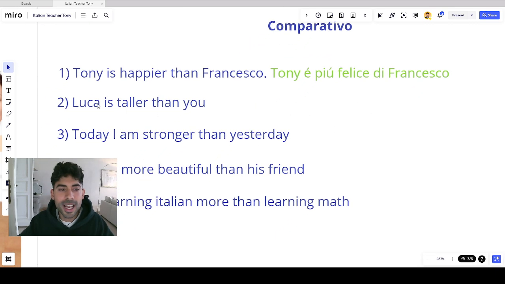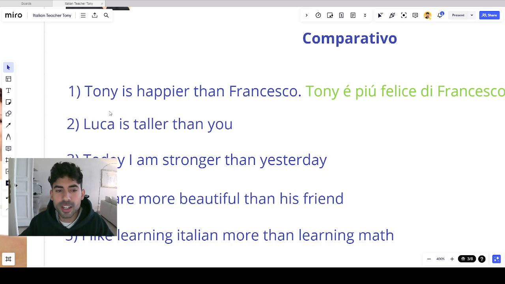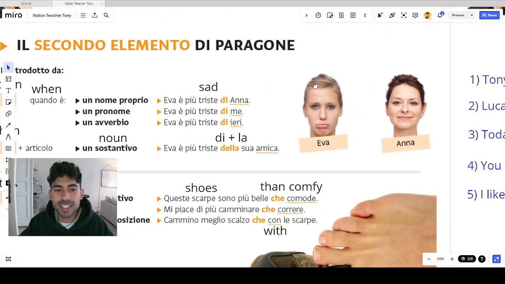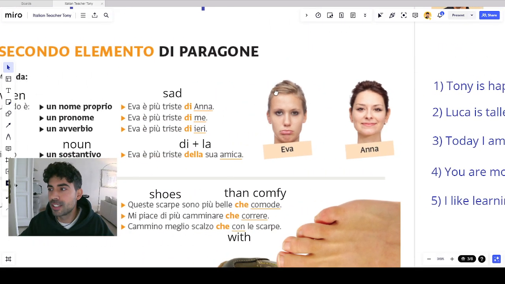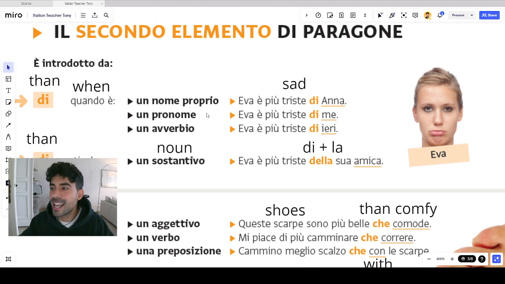Now, next case is "Luca is taller than you." Luca, we are comparing Luca with you. In which category is "you" falling? Well, if we have a look at the sentence we had before, "you" ends in the category of pronoun.